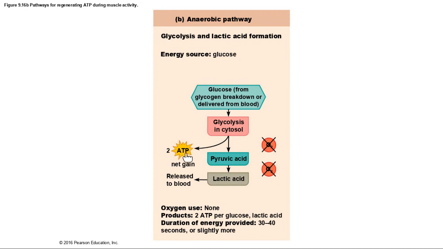Okay, so that's fine. Now, why am I mentioning this pyruvic acid down here? So here's the deal. Remember the organelle that does ATP synthesis? This is way back from chapter 3. What organelle does ATP synthesis?